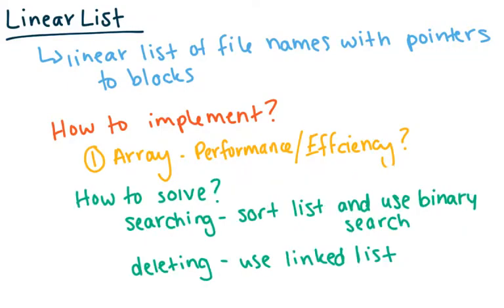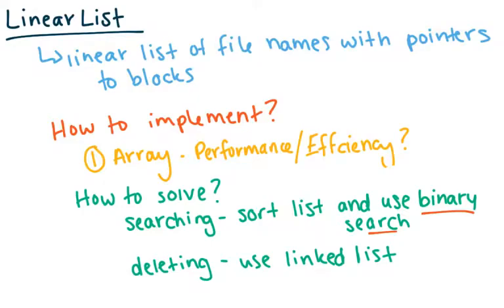Okay, how to solve this. Some things that you can do to make searching and deleting better. For searching, you could insist that the list is sorted, and then when you need to search, which was whenever we created or deleted something, we could use binary search, which is log n, so it's faster than just a linear search.